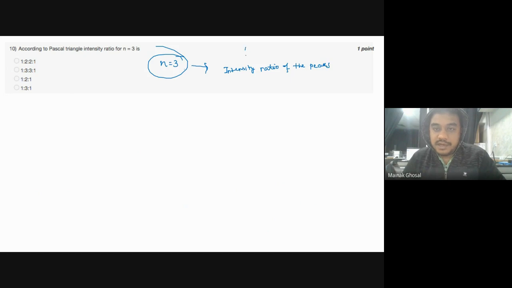So how many peaks will be there? N plus 1. So 3 plus 1, that will be 4. So 4 peaks.